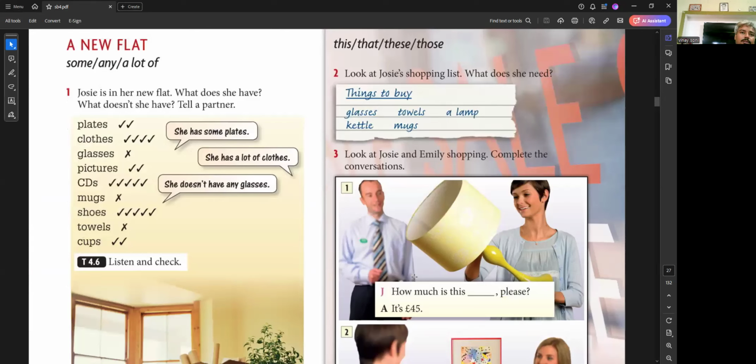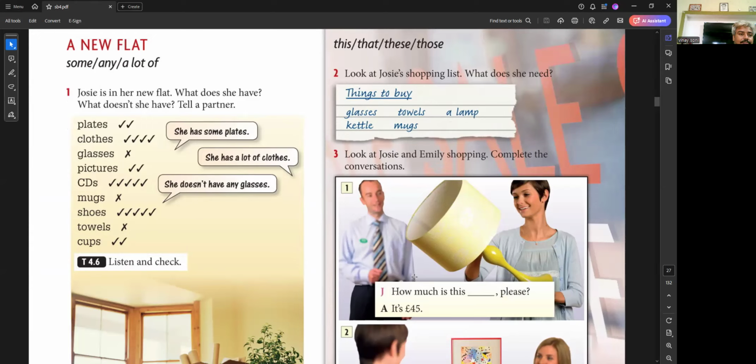Okay, now she is in her flat now. Josie is in her new flat now. Look at the list. What does she have in the new flat? And what doesn't she have?